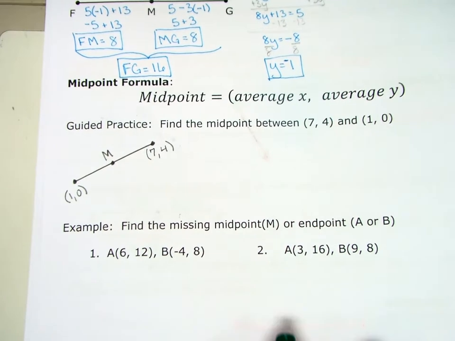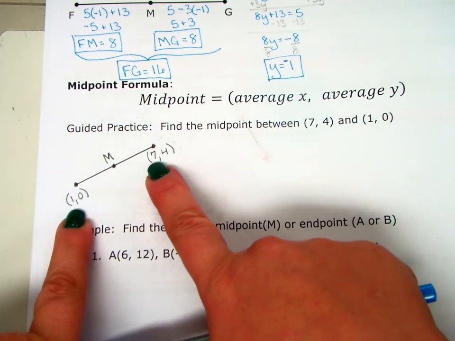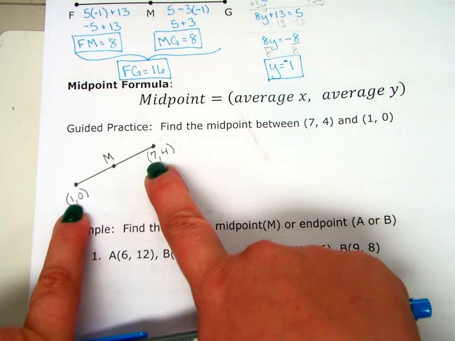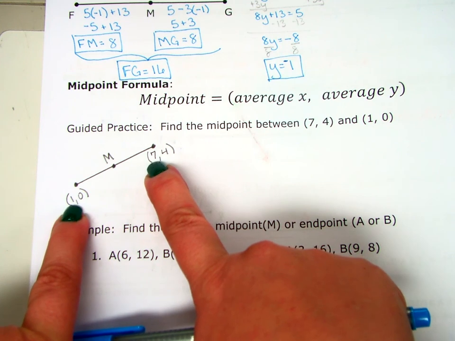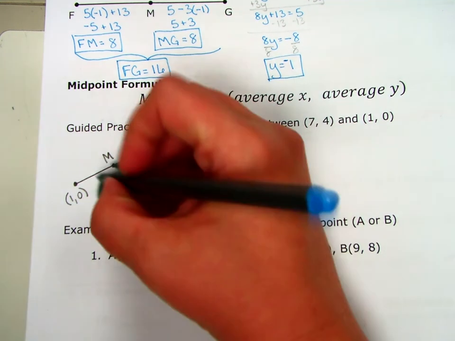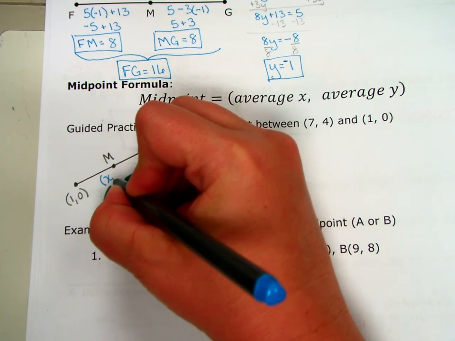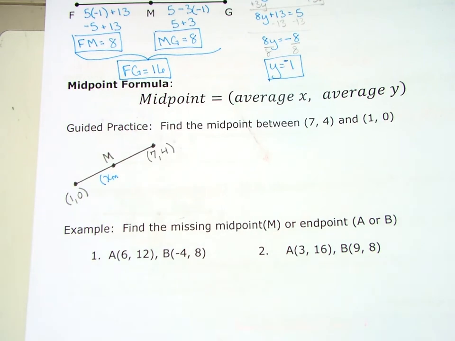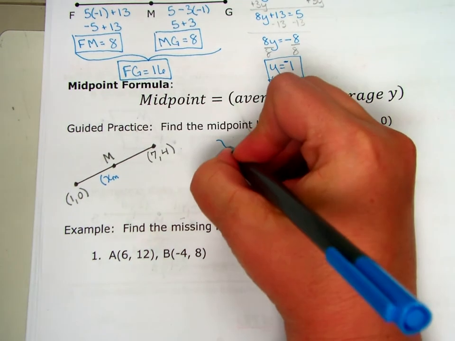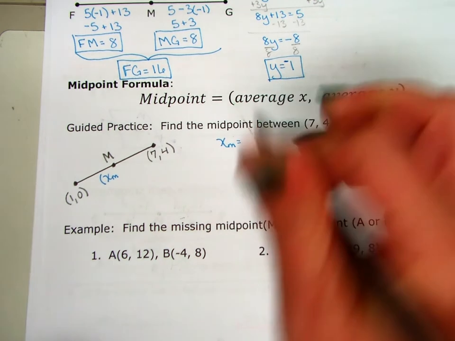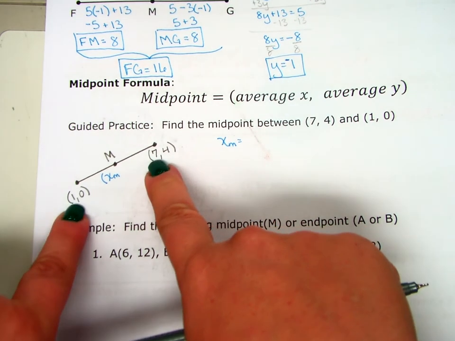That's my goal. So y'all said we're going to take my two x's, add them together and divide by 2, and that's going to give me the x for the midpoint. Okay, so my x for the midpoint is going to be my two x's added together and divided by 2.